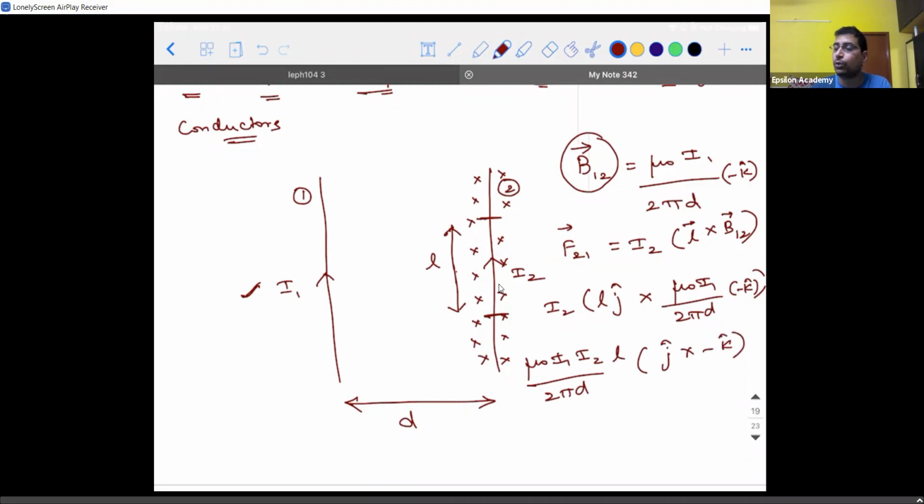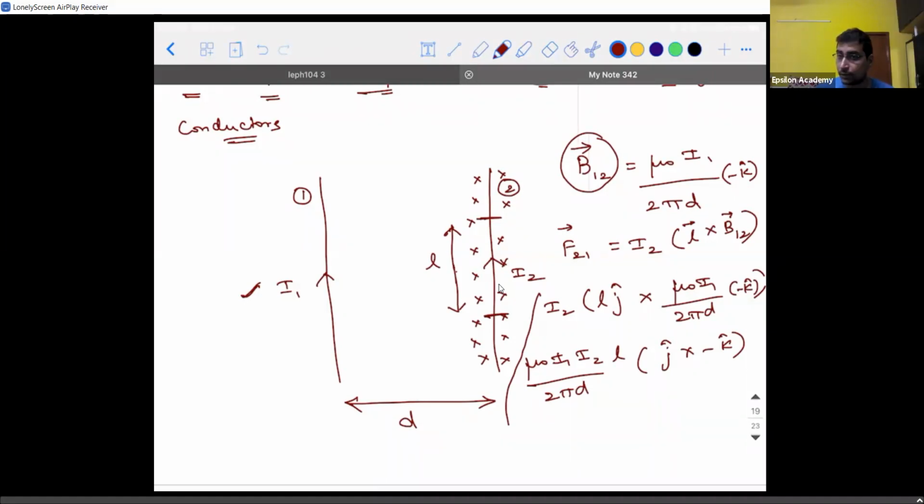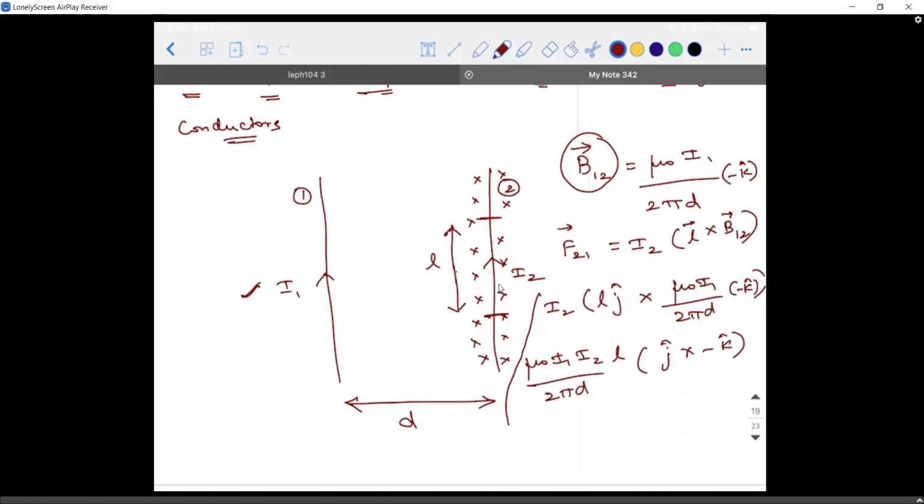This I want you guys to do and tell me. What is J cross minus K? Minus 1, sir. Minus? Minus 1, sir. It will not be minus 1.